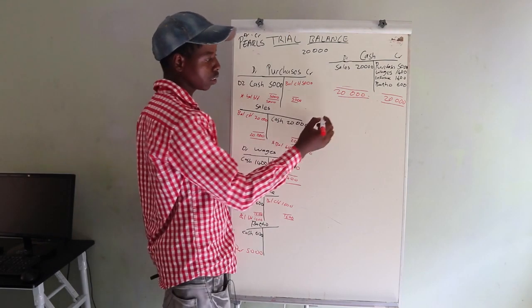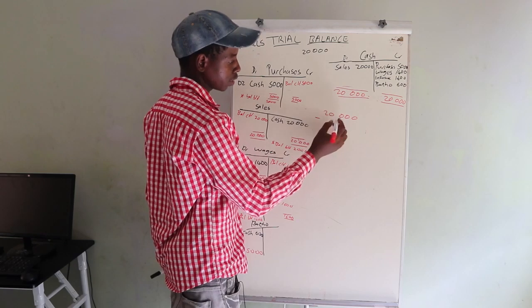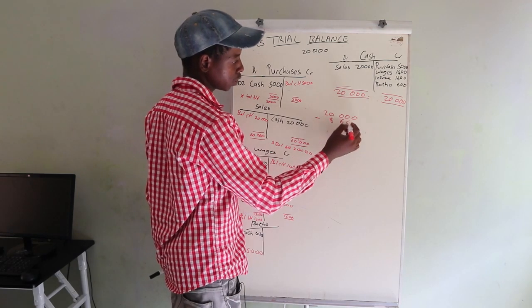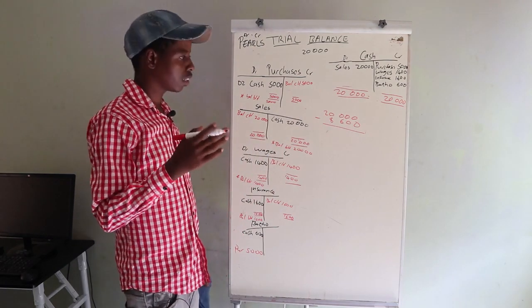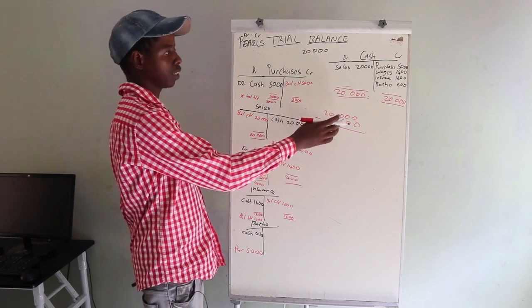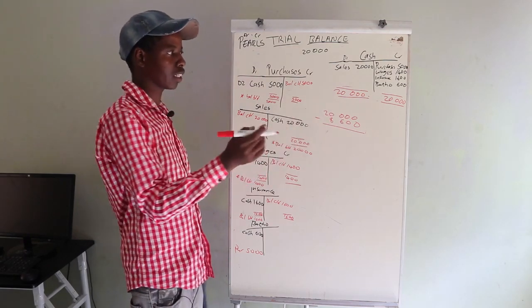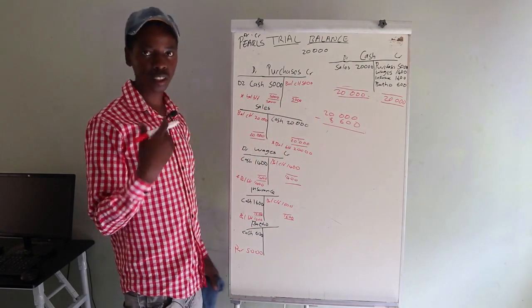Remember that figure was 8.6, right? So we're going to say 20,000 minus 8.6, right? We want to find that balancing figure that can make this number to be 20,000. So remember we added this number and we found that it's 8.6.